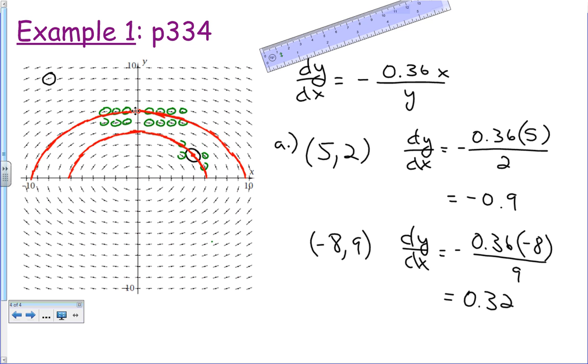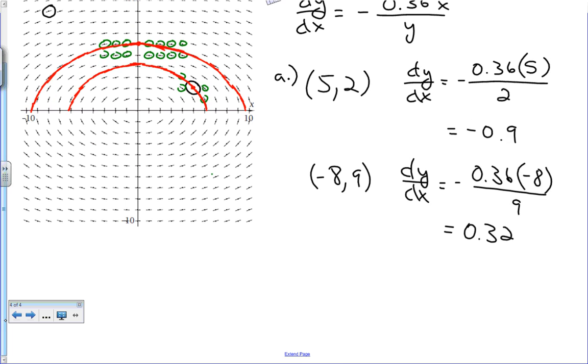Now for a little check, to see if in fact this is a semi-ellipse or an ellipse like we are expecting from our graph. Look at part D. It says solve the differential equation algebraically and find the particular solution that contains the point (0, 6). Verify that the graph really is the figure indicated there in part B. So let's start out with our differential equation here.